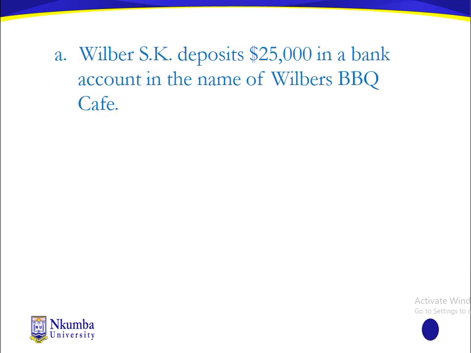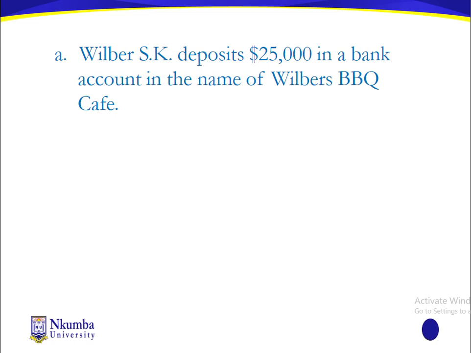Now, we can also take an example that Wilber SK, who is the proprietor that initiated Wilber's Barbecue Cafe, is depositing $25 in a bank account in the names of Wilber's Barbecue Cafe. So here we are seeing that the proprietor of Wilber's Barbecue Cafe is depositing 25,000 shillings.